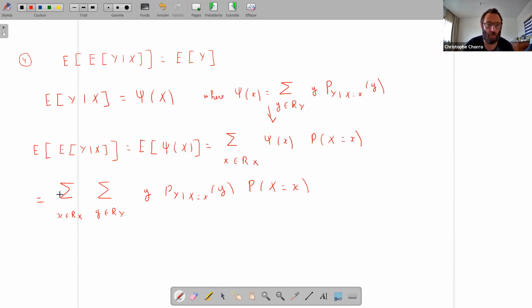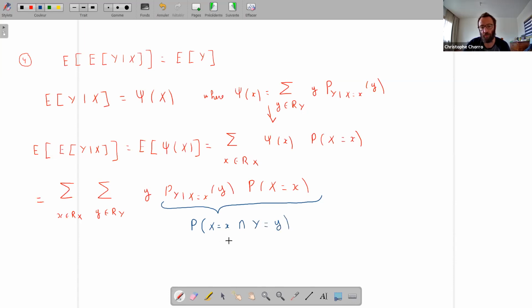So I have this double sum to compute. But what I know from the definition of the conditional probability, and that's why I defined the conditional probability mass function, is that this product is none other than the probability that x is equal to small x intersected with y is equal to small y.